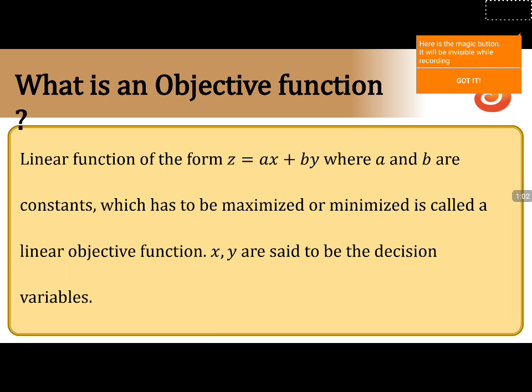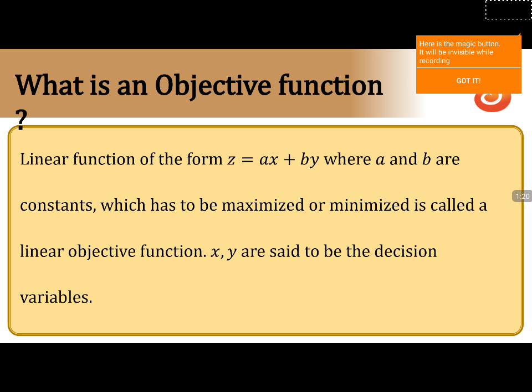Maybe the origin will lie in a region, or sometimes it will not. Like that, we plot 3 or 4 inequalities, and we get a common region for the given linear inequalities. We can shade that common region so that we can get the vertices.